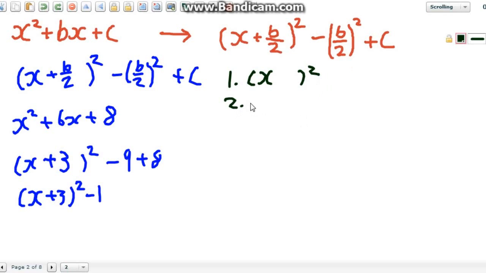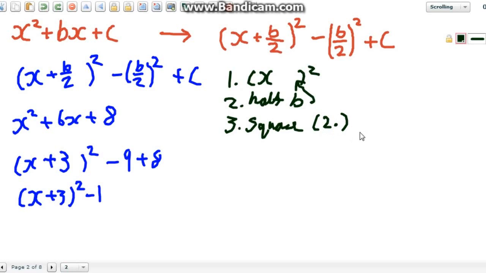The second thing you do is half your b value, the amount of x you have, and you put that into here. The third thing you do is square whatever you just got for step 2 and then take it away from your whole thing. And your fourth step is to simply add c at the end.